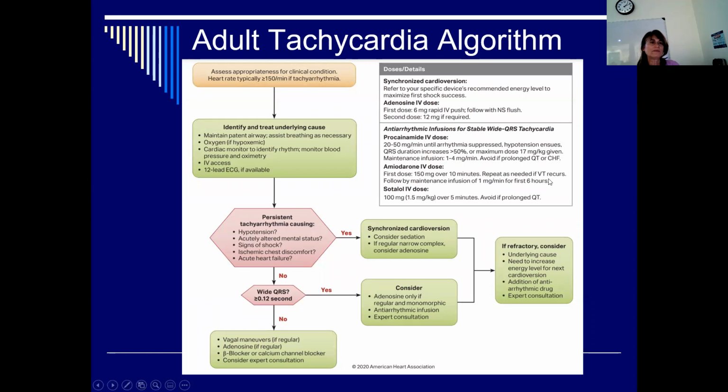Okay, another algorithm that's used for ACLS. So the patient has a really fast heart rate. What do you do? Again, give them oxygen, put them on a monitor, start an IV, do a 12 lead. Do they have symptoms? Are they unstable? Yes, it goes right away to synchronized cardioversion.